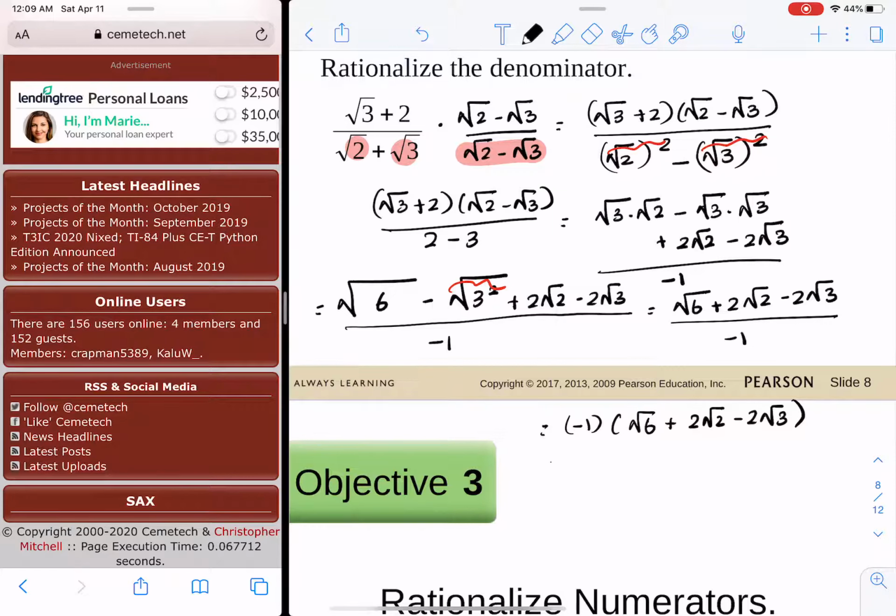If we distribute the negative, we have negative square root of 6, negative 2 root 2 plus 2 root 3. I'm going to write this as 2 times root 3 minus 2 times root 2 minus root 6.